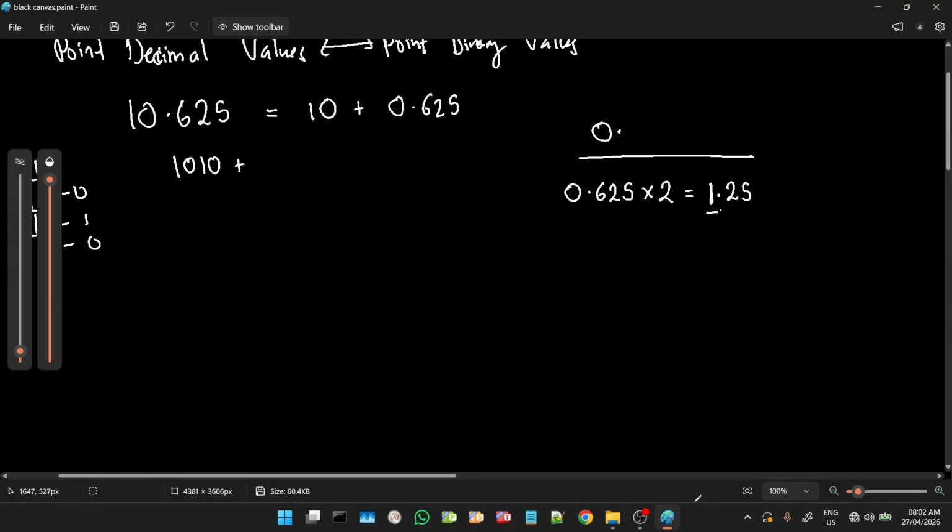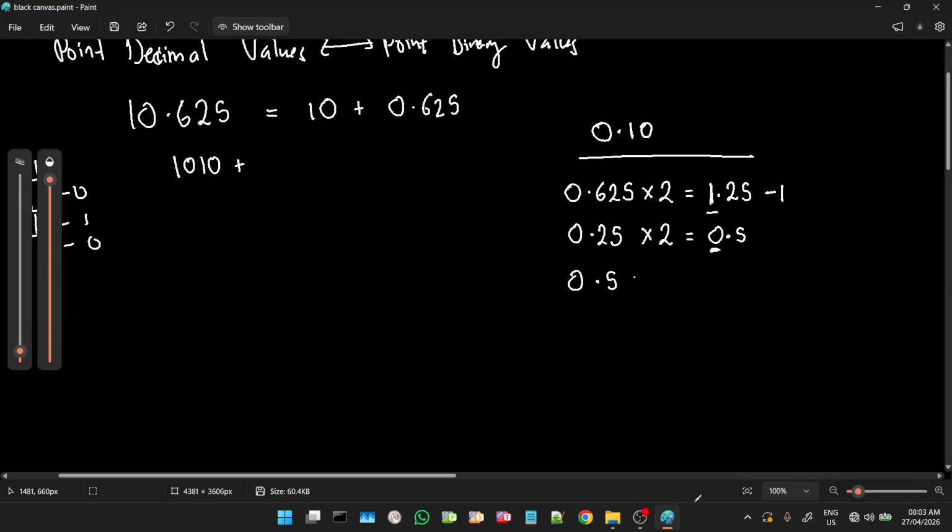So this 1, you're going to put it over here, and you're going to subtract that 1 and take 0.25. Again, multiplied by 2, you're going to get 0.5. This is the number that we record, so we're going to put a 0 over here. We don't subtract any value if there is no ones.